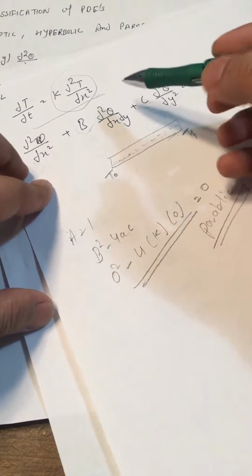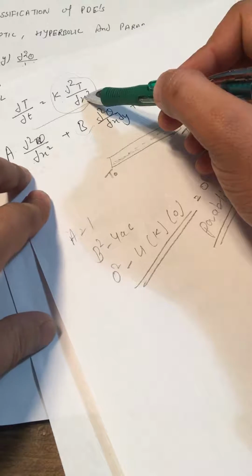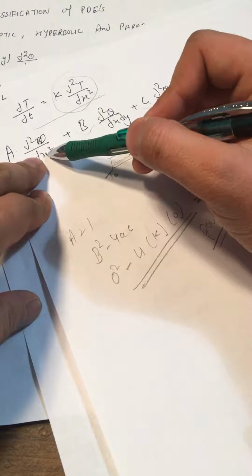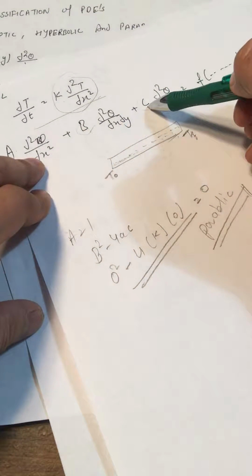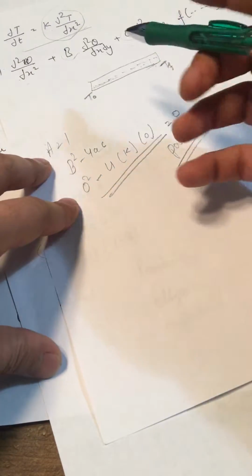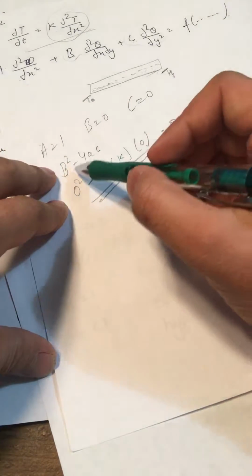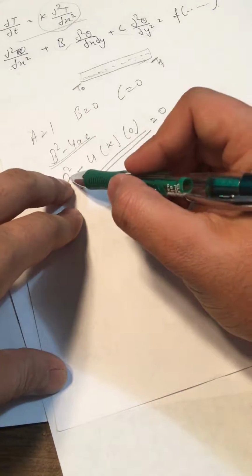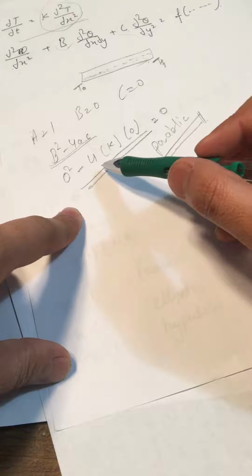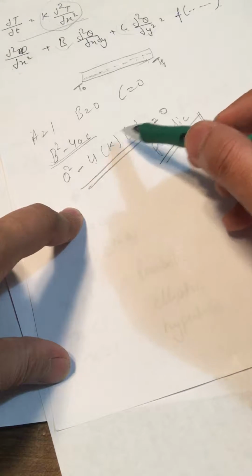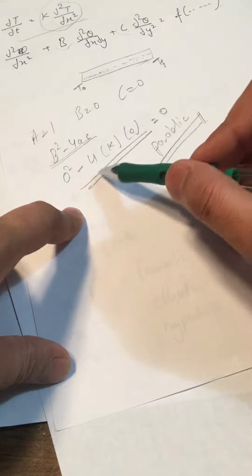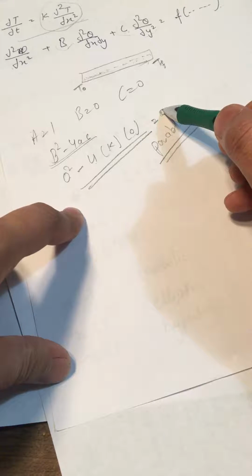We are trying to maintain our temperature in this rod by using this equation. As you see, we just got one second order term, which is our a. There's no b term and there's no c term. So if I use these values, b is going to be 0, and our c term is also 0, then the whole term becomes 0.